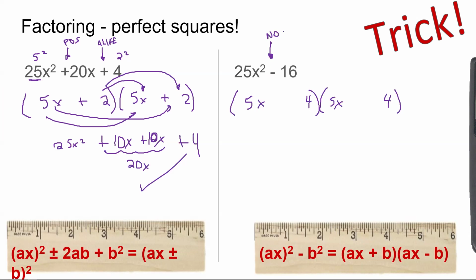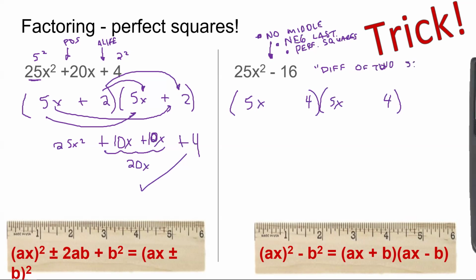When you see no middle term, and a negative sign on that last term, and they're both perfect squares, then you've got what's called the difference of two squares. And that's what this one is.